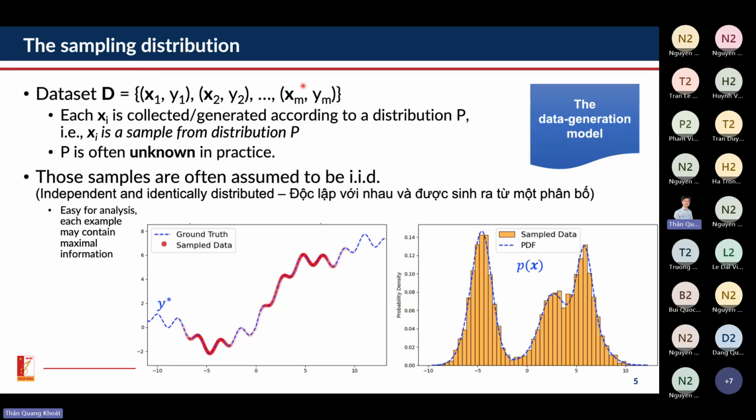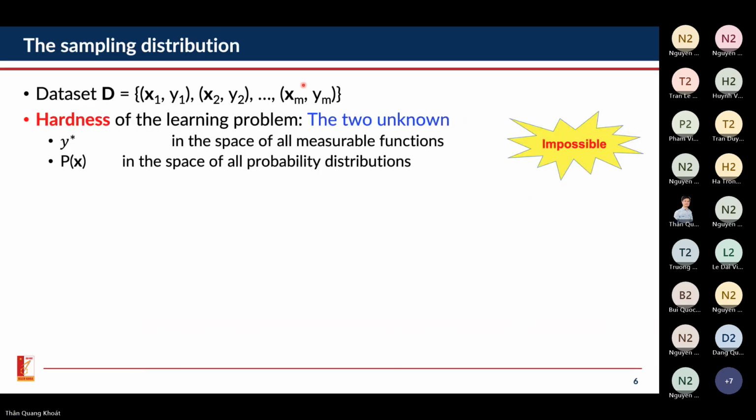In that case, we can use that assumption to analyze things more easily. But of course, in practice, this assumption can sometimes be violated. So for learning problems, we have two unknowns: one is the data distribution, and the other is the labeling function. In general, this is an intractable problem.